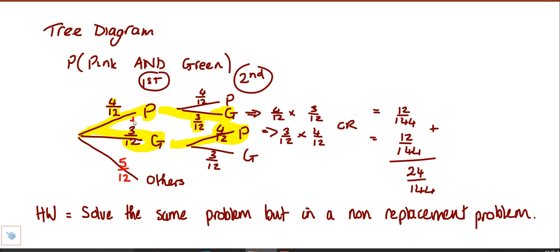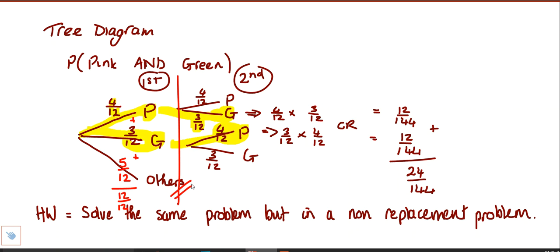So all of these have to add up to 12 out of 12, or 1. Every set of branches has to add up to 1. So when I work out the ends, all of these would eventually have to add up to 1 if I considered all of them. But we'll talk more about that in a bit.